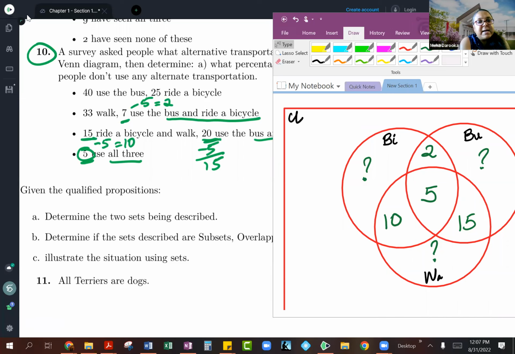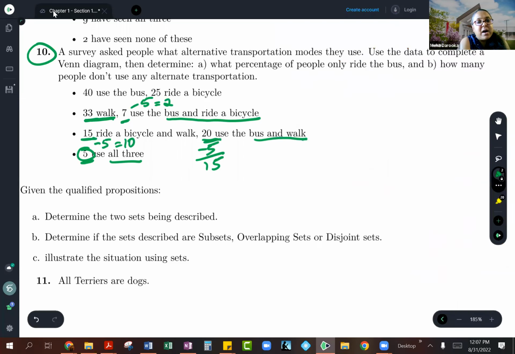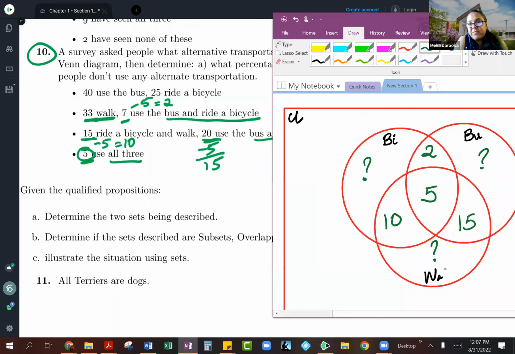They're telling us that 33 are walking. So in the Venn diagram for the walking, you would have to do 33 minus the 10 minus the 5 minus the 15, which comes up to 30. So you're subtracting 30 from 33. That would give you 3.